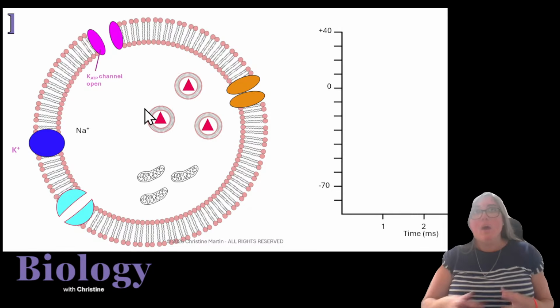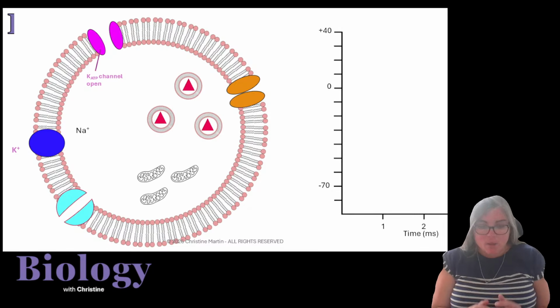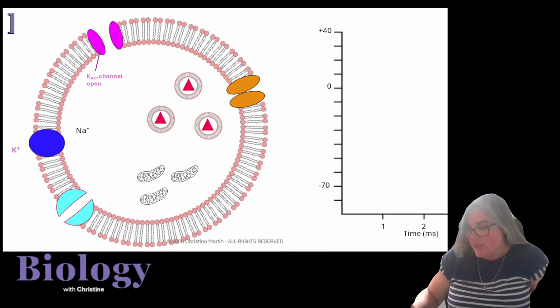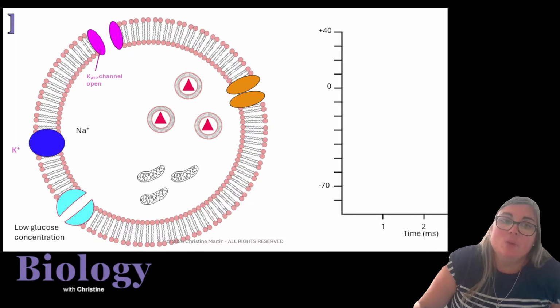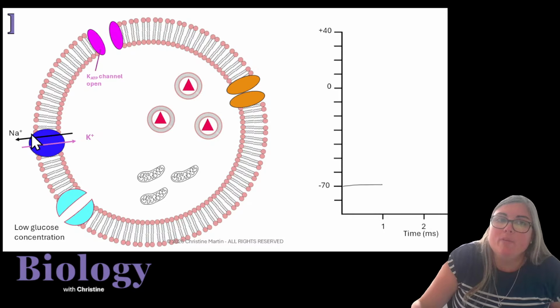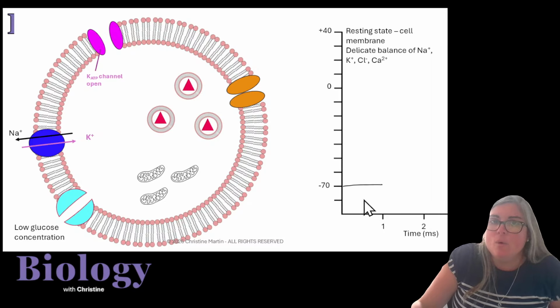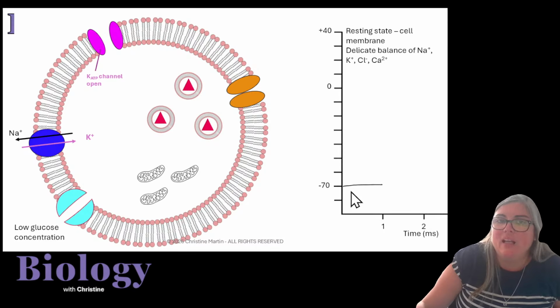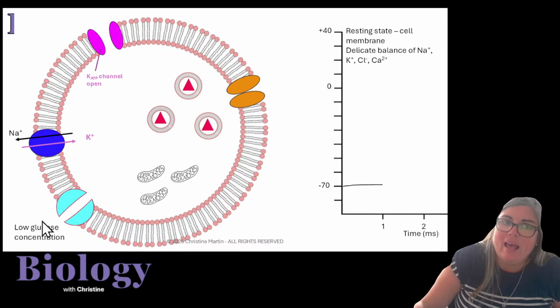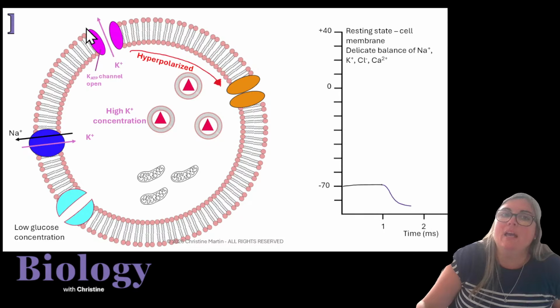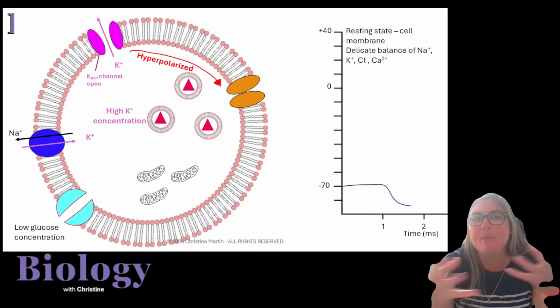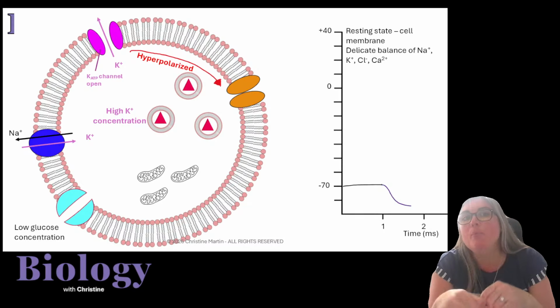So what actually happens at the islets of Langerhans, we're going to talk about the insulin secretion that occurs at the beta cells. If I have low glucose concentration, I know I've got my sodium potassium pump, I know I've got my resting state of my cell, and so my potassium is going to be able to leave through a potassium channel, which is going to maintain my membrane at a hyperpolarized state.